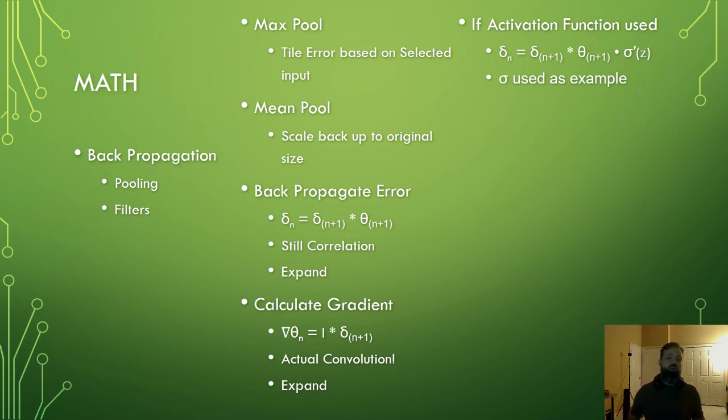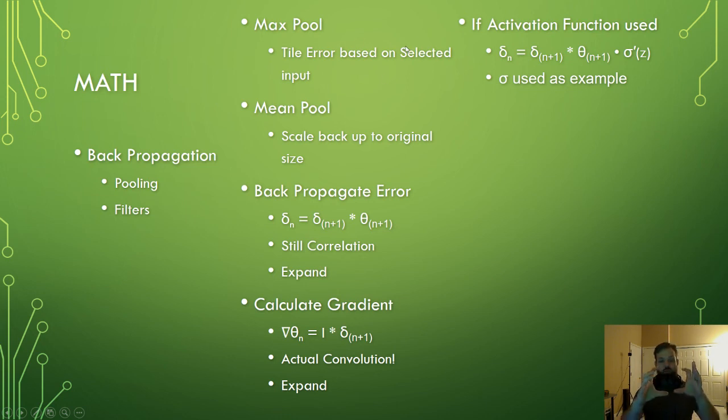First thing you're going to need to figure out, because it'll probably be the first layer you encounter on your way back through the network, that's going to be a new thing that you've seen, is your pooling layer. So if you're using a max pooling layer, basically you're going to keep track of which pixel you selected to max, and you're going to cache those values. So when you come back through, you're simply going to tile the error based on the selected input.